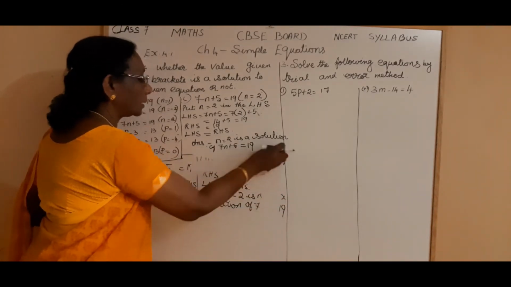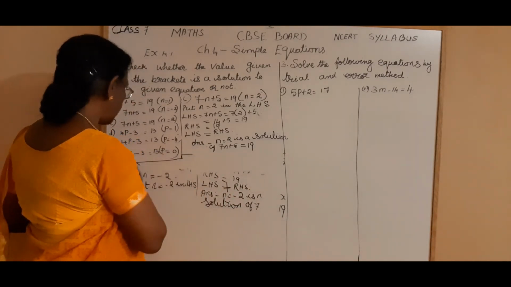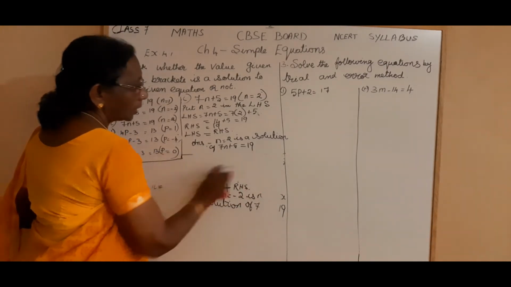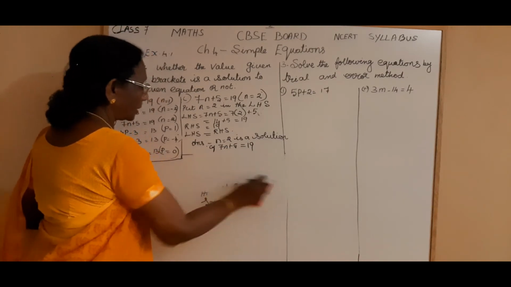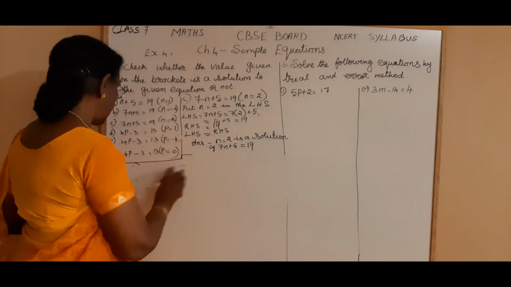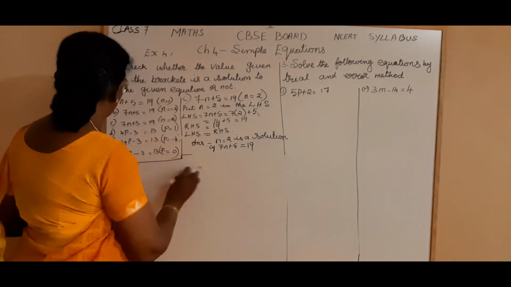Is it clear, children? So in the first two sums, the given value is not a solution, but in sum number C, it is a solution.